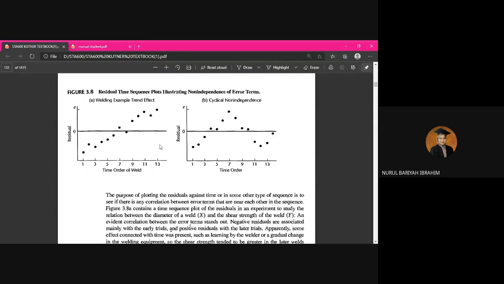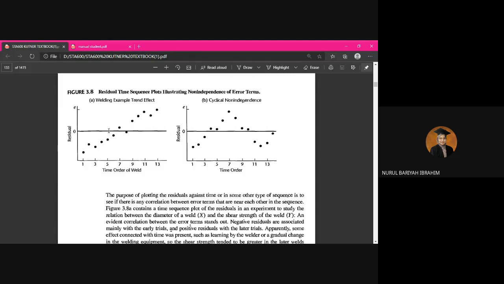Similarly, if it has no pattern, or the points are scattered around zero, then the residual are independent, or independence of the error term.